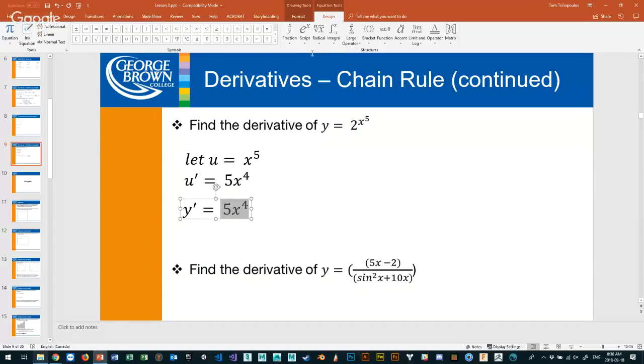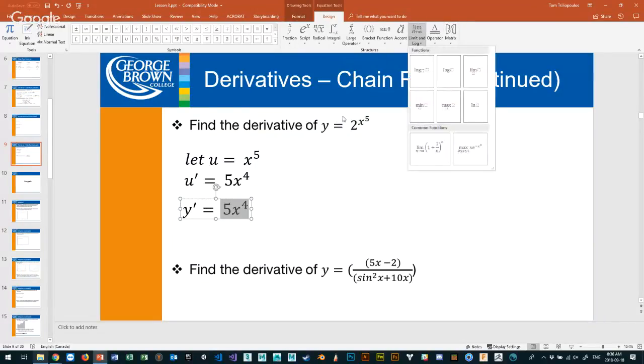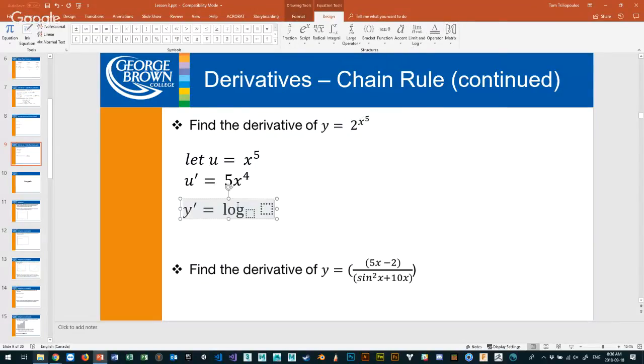Radical, what was that? Third from the right, limit and log. Thank you. Yeah, so this is the one I want to use. So log 2, because that's what the 2 is. So 2 goes to log 2, and then x to the 5, because that's not going to change. That is the first derivative, x to the 5.